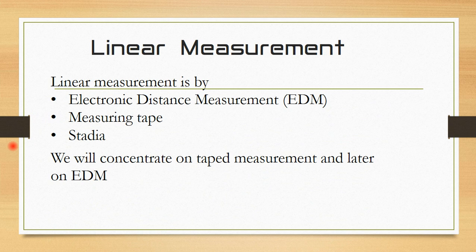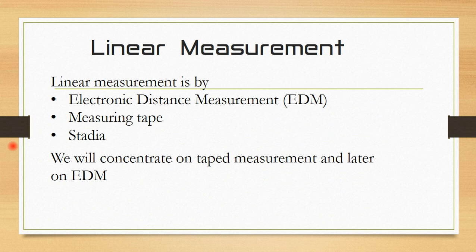So, like I said, traversing involves linear measurement, that is, you measure the distance between two points, and also the measurement of angles, or observing the angles between the lines. The linear measurement can be done by EDM machines.